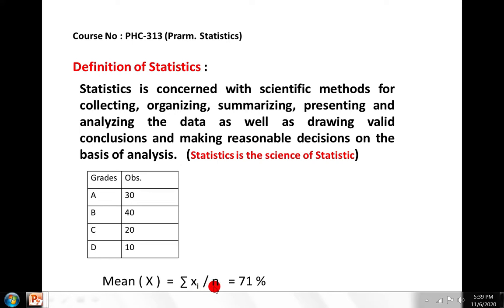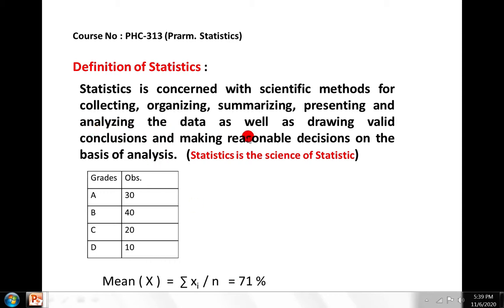Suppose after collection of the data you calculate the mean marks of a student and the percentage is 71%, so this is called analyzing. With the help of different statistical methods, you can analyze the data. So you can say the average marks percentage is 71%. Or if you calculate the marks of all students of the class and the percentage is 71%, you can say the class mark is 71%.